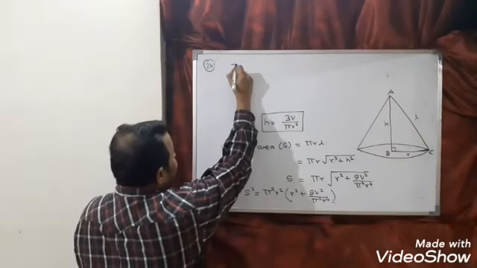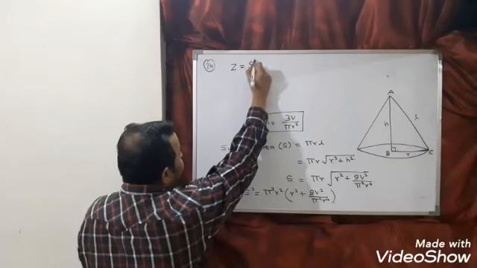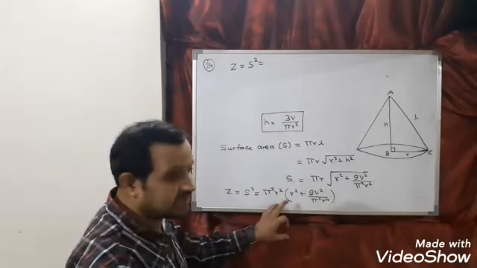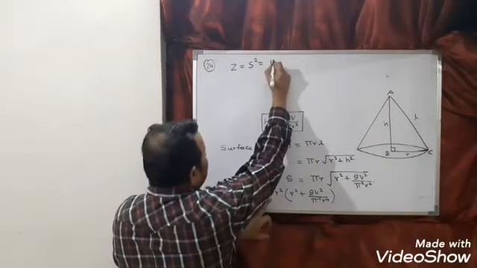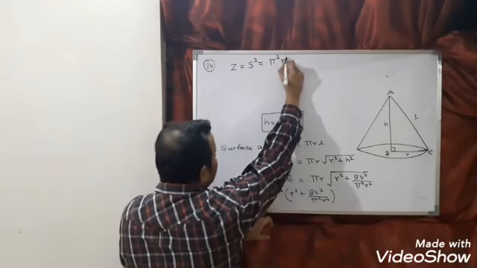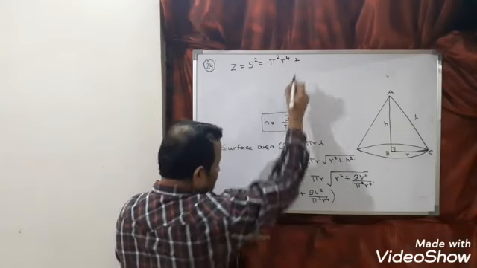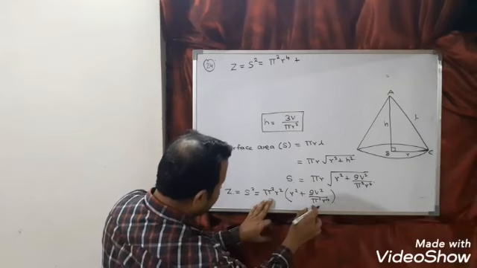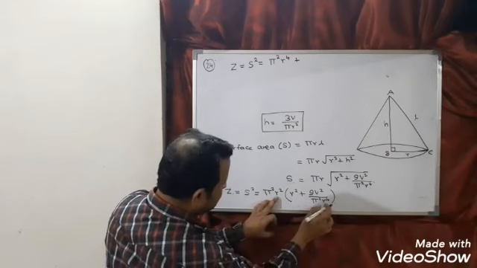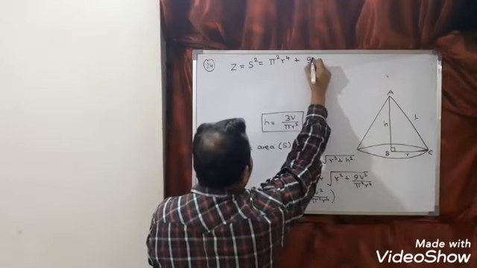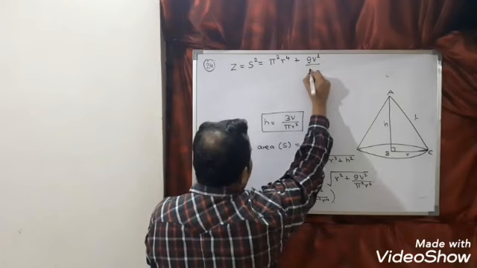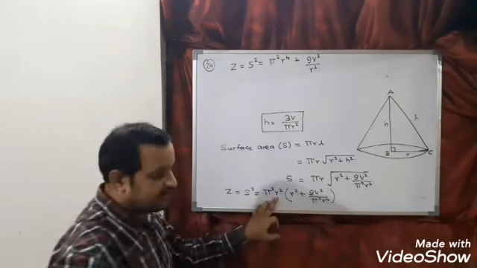So z is equal to s square is equal to, multiply this, what you will get? Pi square r to the power 4 plus, pi square cancel, 9v square divided by r square. Let me check.